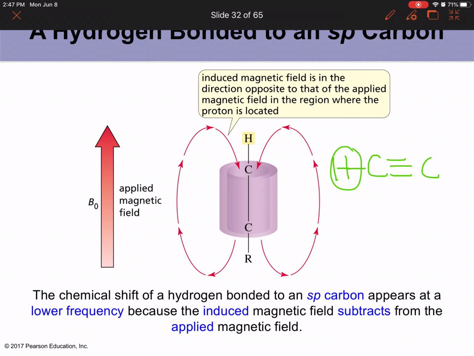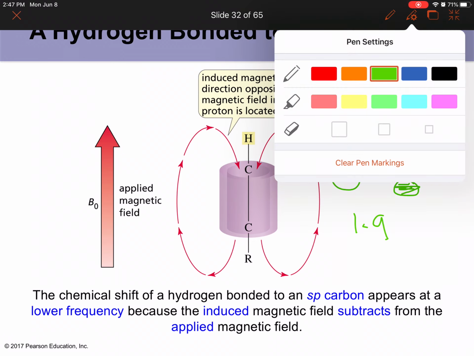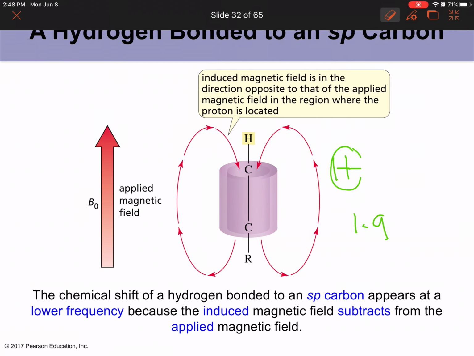It's about 1.9, whereas an alkene is between 4 and 6, right? Alkyne is at a lower frequency than one would predict from the electronegativity of the sp carbon.